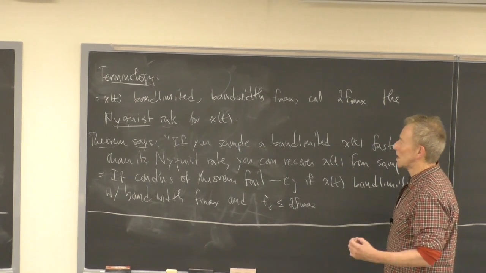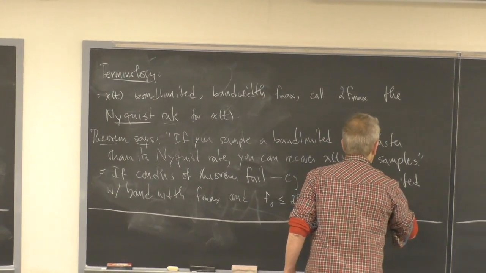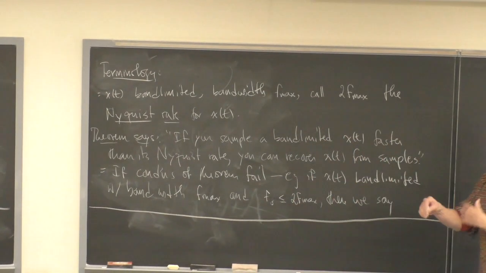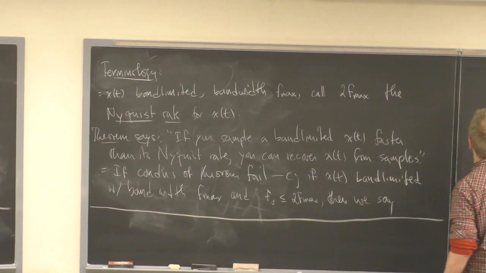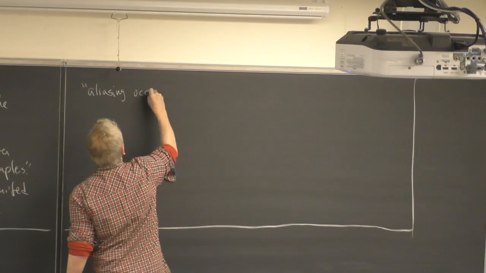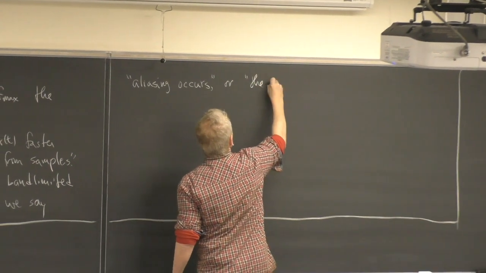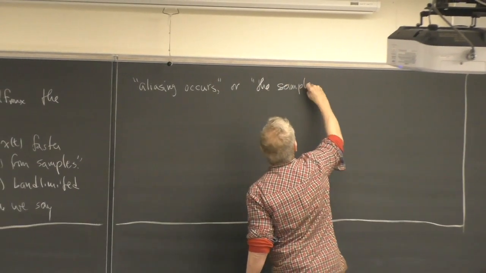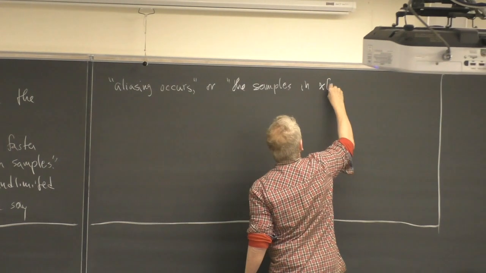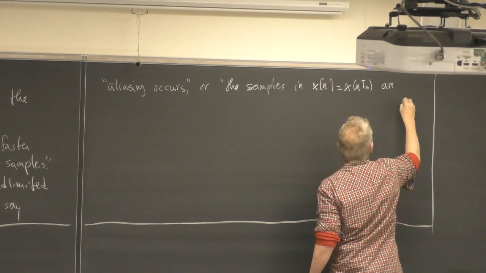Then we say, and there are lots of ways of phrasing this, but let me give you a few common ones, we say, quote unquote, aliasing occurs, or quote unquote, the samples x of n, which is equal to x of n T s, are aliased.